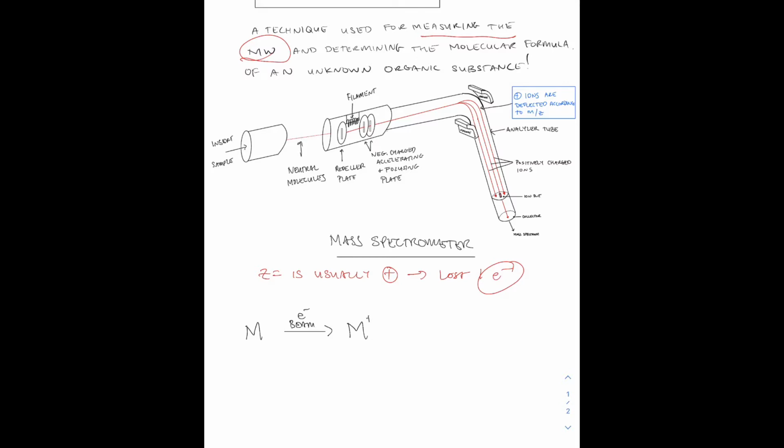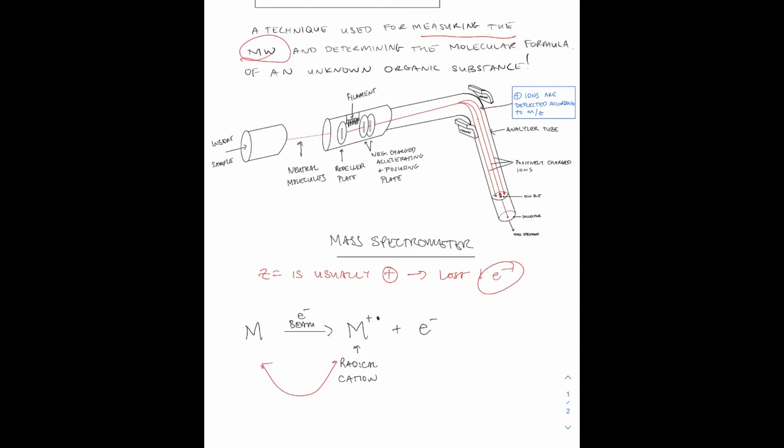What happens is it ionizes it, so it makes a radical cation, and so it's a positive with an unpaired electron because 1 electron was essentially ejected off of that molecule. And this right here is called a radical cation because it has one unpaired electron, making it a radical, and it also has a positive charge, which makes it a cation.